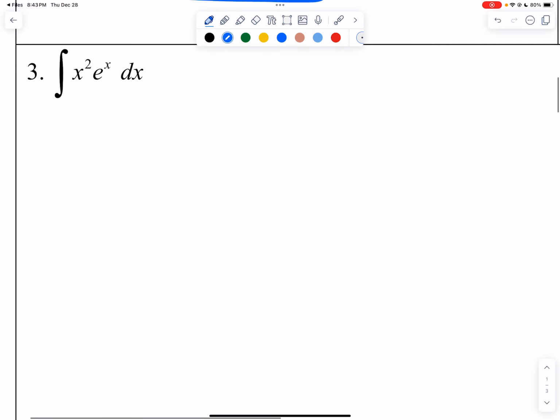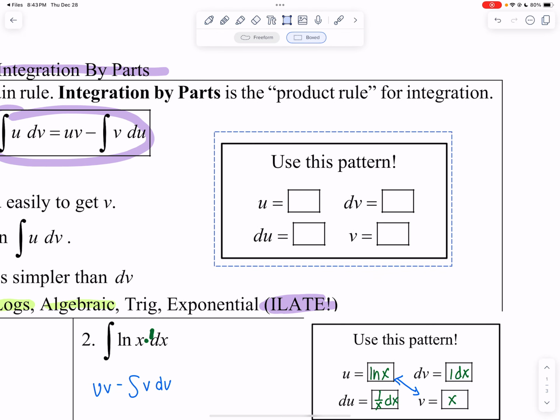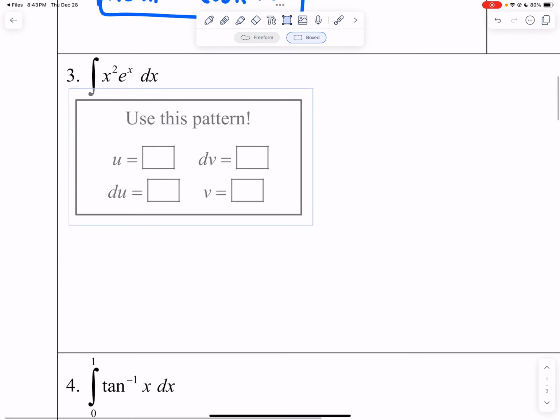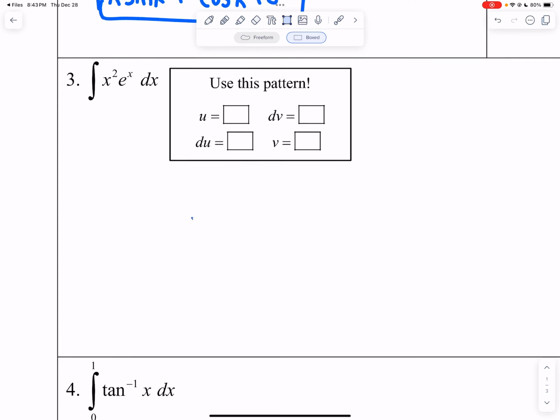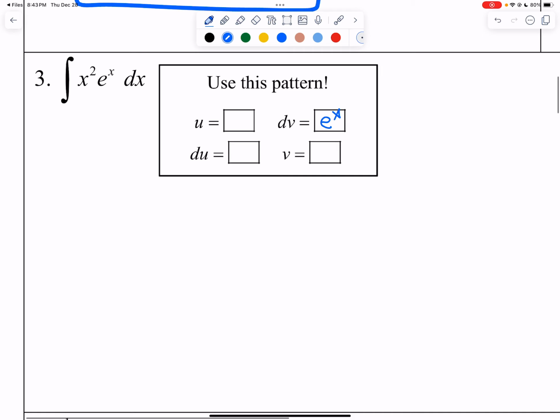Number 3, same thing. So let me go ahead and copy this. We have x squared, and then we have e to the x. Anytime you see an exponential, go ahead and put that in dv. That's going to be the last thing that you want as u, just because the integral of e to the x is going to be e to the x, or the derivative of e to the x is e to the x.